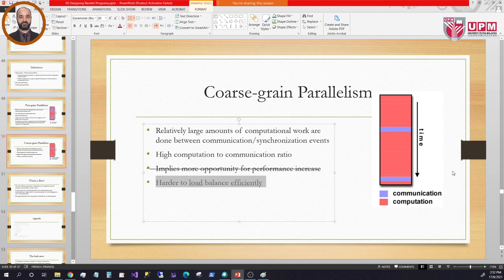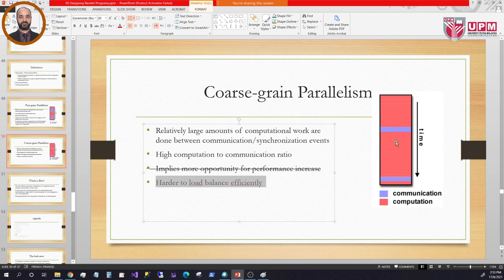So here, harder to load balance efficiently. Yes, because here we have big amounts of computation distributed over a small number of tasks. That's why we cannot do load balancing. Here, if you can see, the difference between this area and that area is very big compared to the small area here.